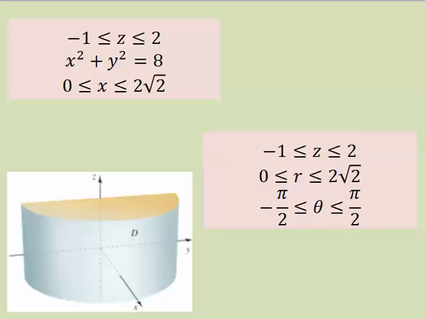And this is what I get from my transfer over to cylindrical coordinates. You might be surprised at first by theta going between negative pi over 2 and pi over 2, but if you think about it, this makes a lot of sense. We need to be in the fourth and the first quadrant, and we want a consistent interval for theta.